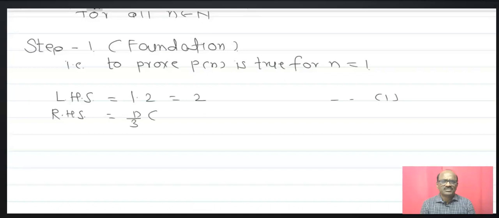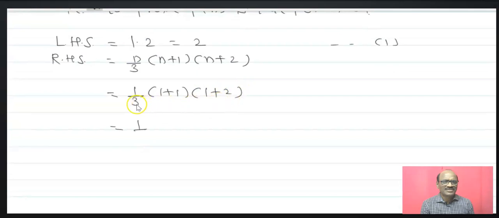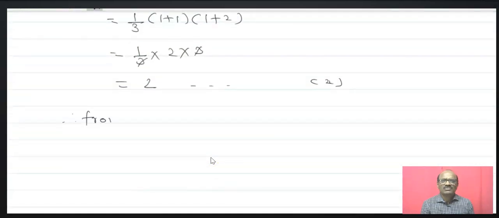We substitute in the formula, n is equal to 1 here. That is n upon 3 in bracket n plus 1, n plus 2. n is replaced by 1, and after the calculation you are getting the 2 here. This is RHS. Therefore from 1 and 2, LHS is equal to RHS.